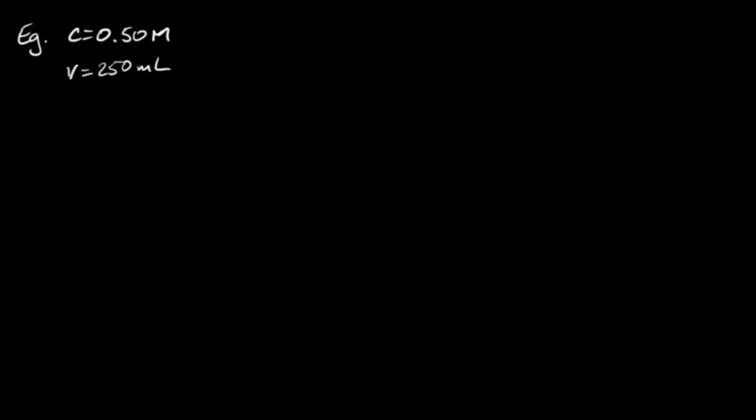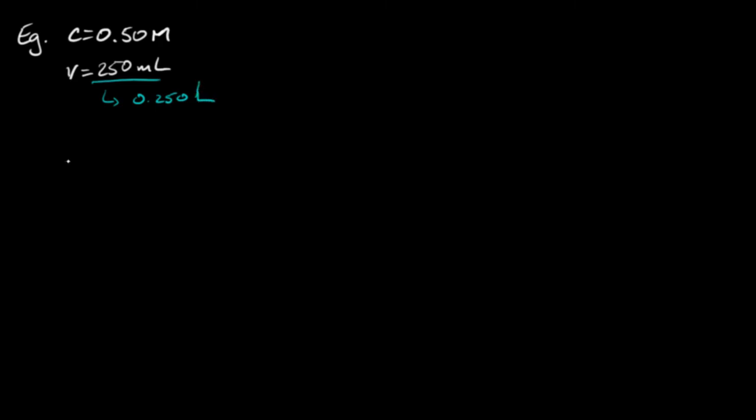So now the question becomes, how much solute do you need to add to that solution? Well, you should first identify the fact that our volume is not in the right format. So we'd have to change this to 0.250 liters. I'm just assuming that it's 3 significant figures there.